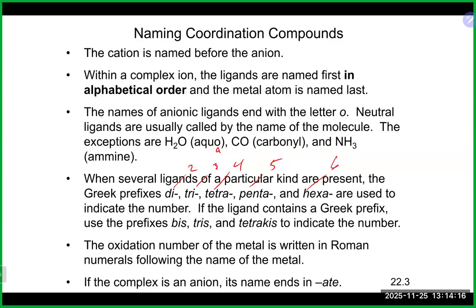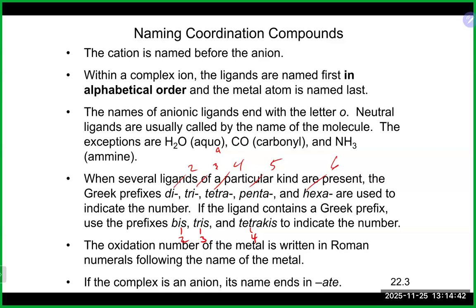Now, if by some chance the ligand itself already has a prefix in its name, we then will roll to some other prefixes, if we have multiples, where we will use bis, which is two, tris, which is three, tetrakis, which is four. Now, it does sound like maybe people are making this up, but maybe not.